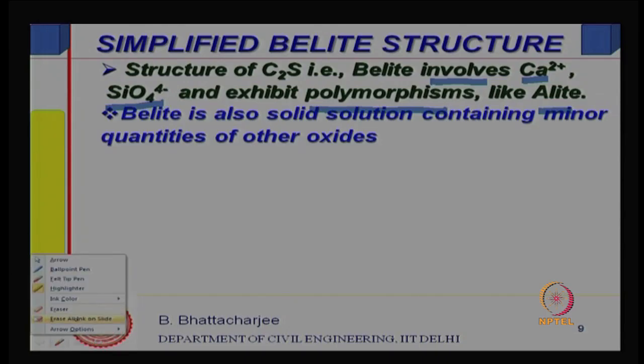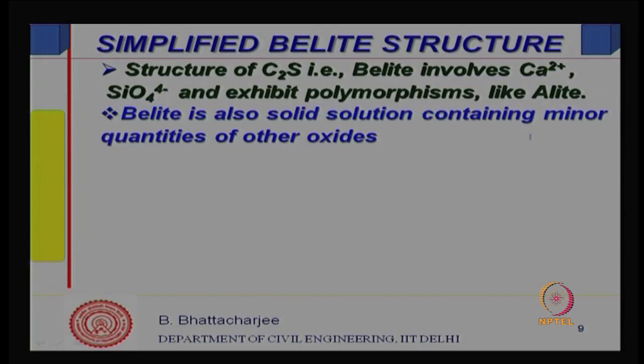Belite of course is also a solid solution containing minor quantities of other oxides like sodium oxide, potassium oxide, alkalis and magnesium oxides and so on. So, other minor compounds are there in small quantities in belite as well.